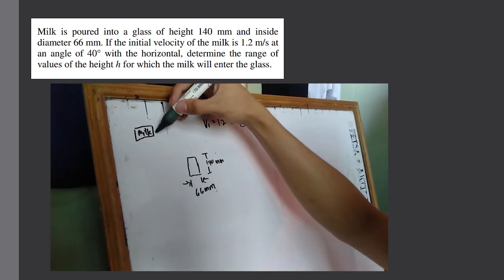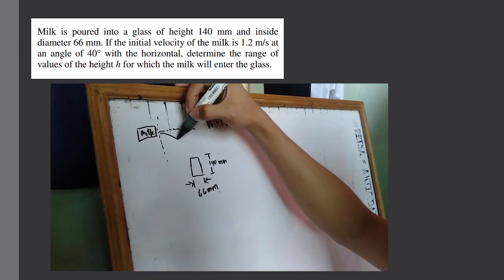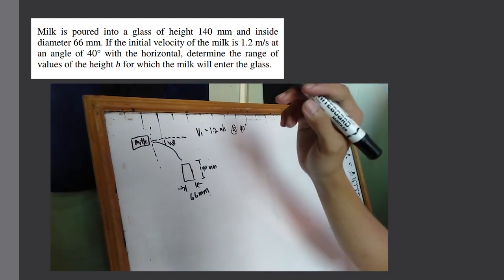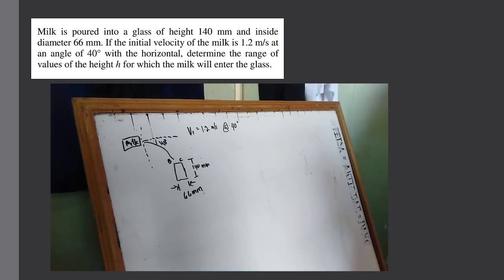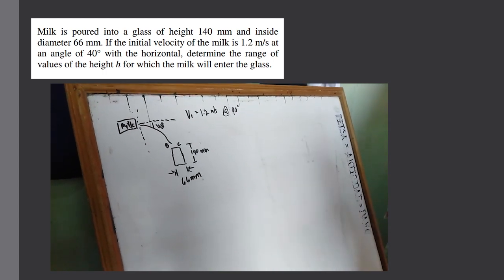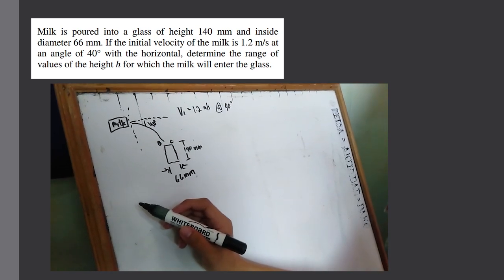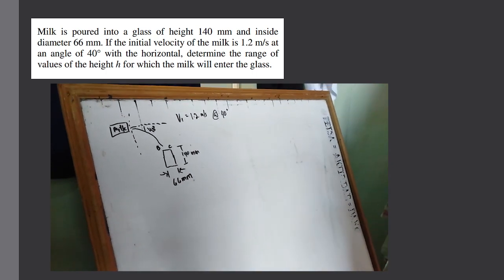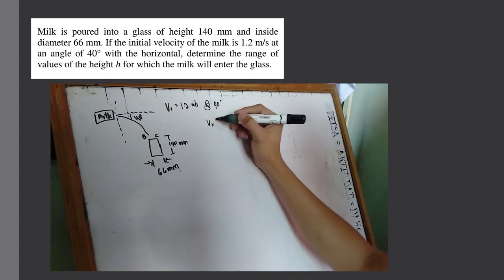So for example, this is the horizontal axis, and we have 40 degrees. This is point B, this is point C. Determine the range of values of the height for which the milk will enter the glass. So we have V in the x-axis.